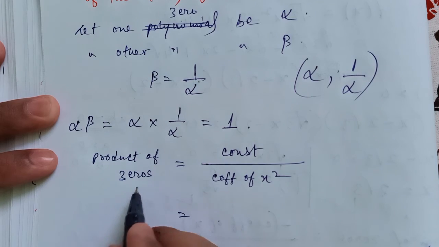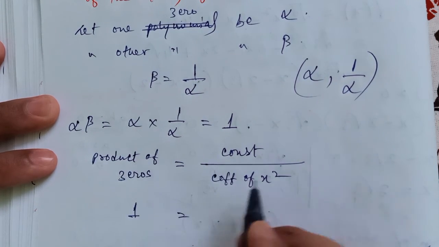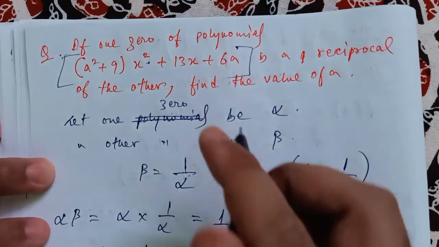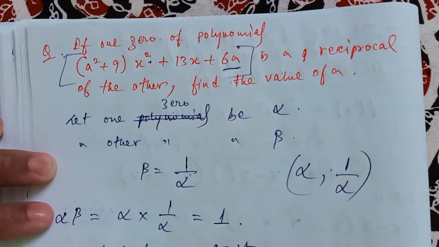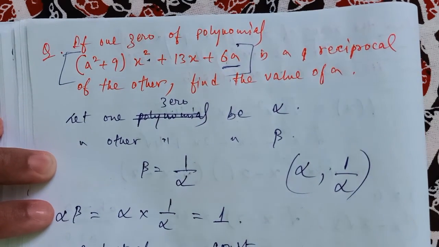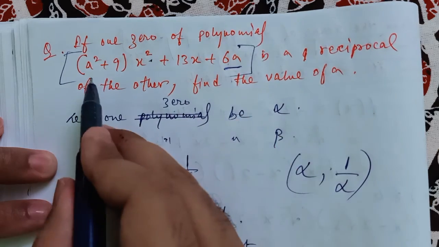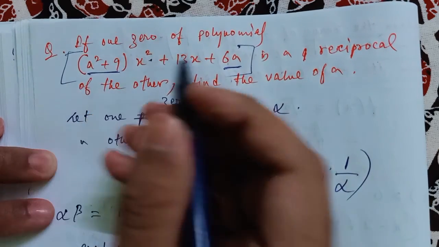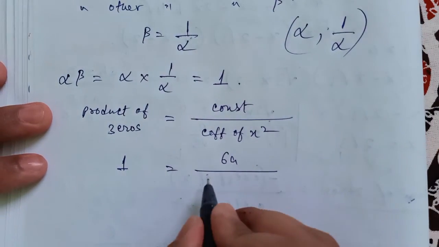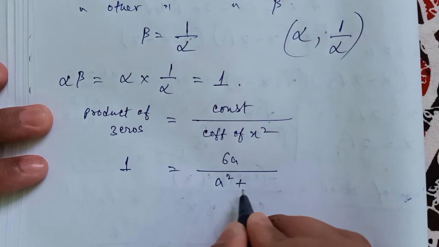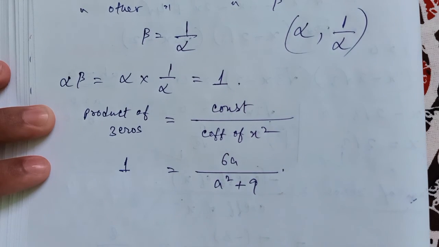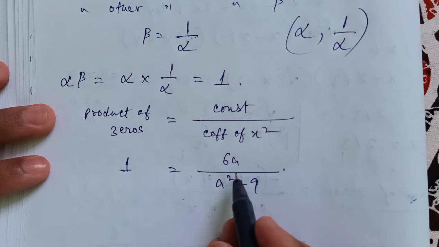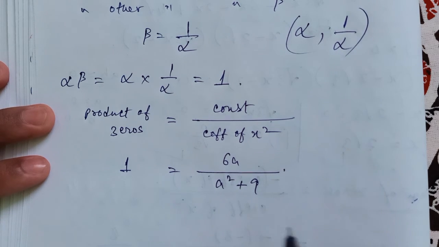The product of zeros is 1. What is the constant term over here? 6a is the constant term, so we can write 6a upon coefficient of x square, which is a square plus 9. If you solve this, we will be getting the value of a.